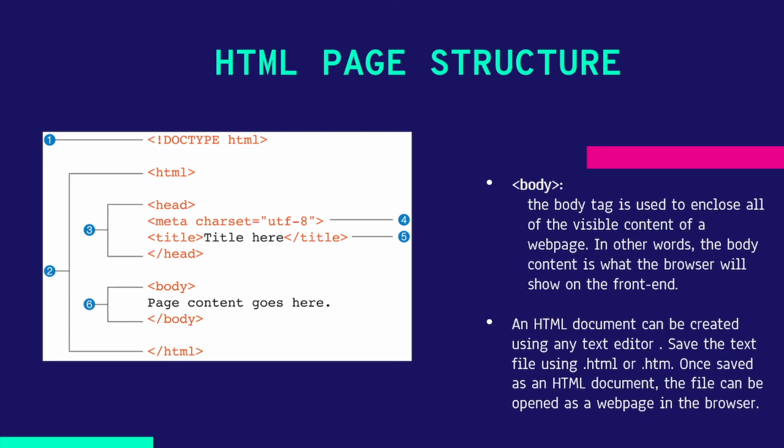An HTML document can be created using any text editor. We'll be discussing that in a practical manner in the next video. Save the text file using .html or .htm. Once saved as an HTML document, the file can be opened as a web page in the browser. So when we have saved that file with the .html or .htm extension, then we can open it inside the browser easily.